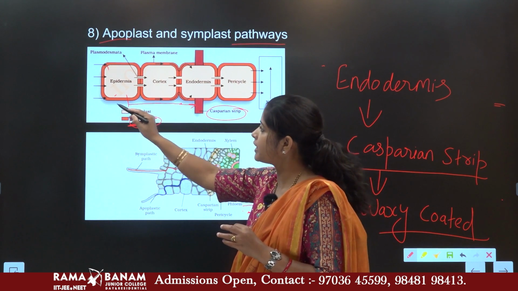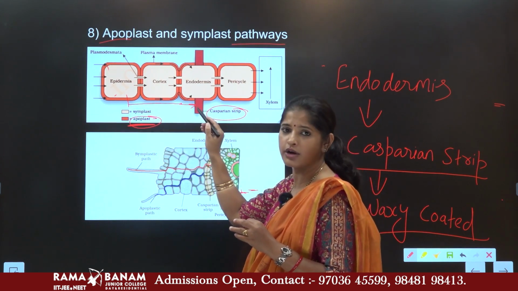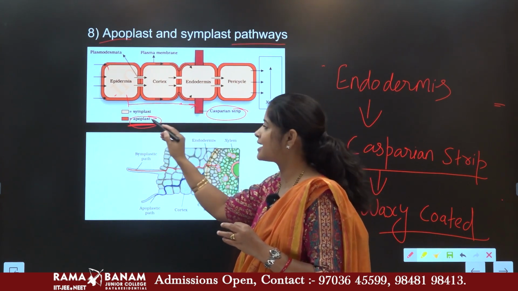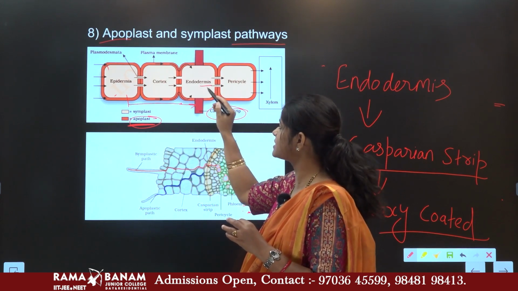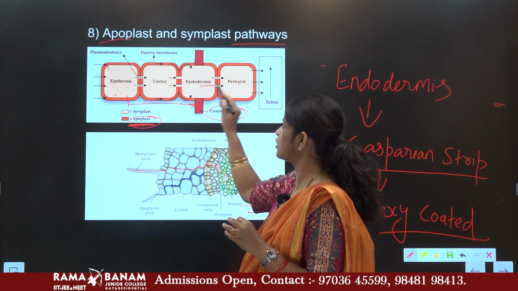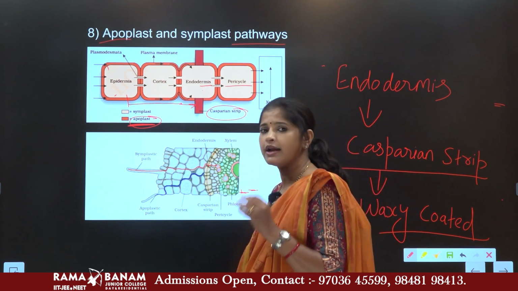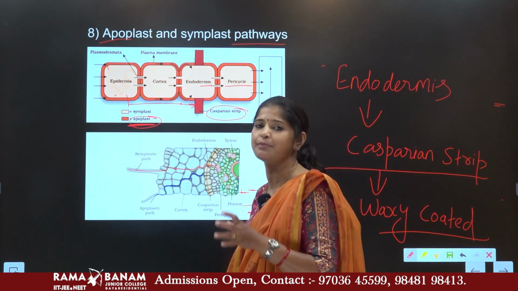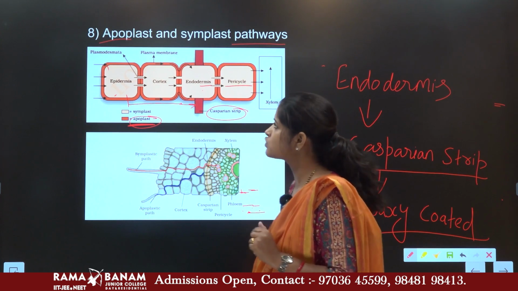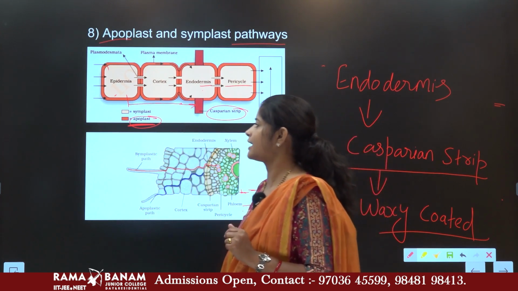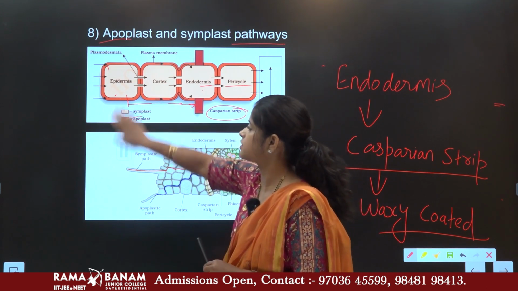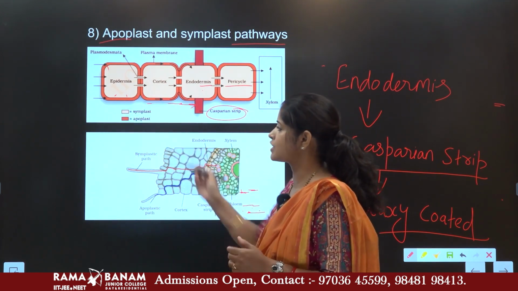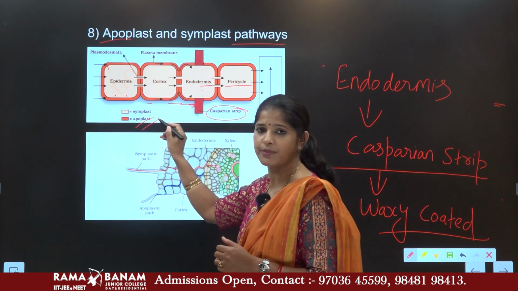So from the epidermis till the endodermis's Casparian strip, it is the apoplast, and if water has to go from the endodermis to the pericycle, it can only follow the symplast. Student, which one will be faster? If you compare the apoplast and the symplast, which is faster? Of course, it is the apoplast.